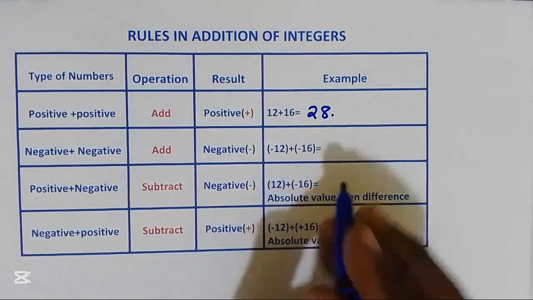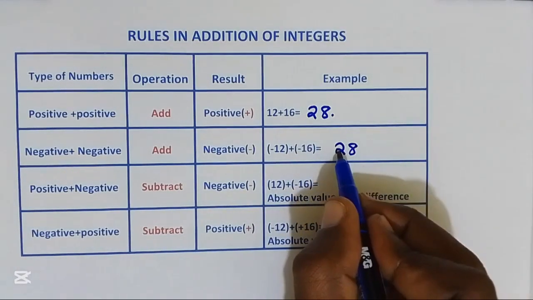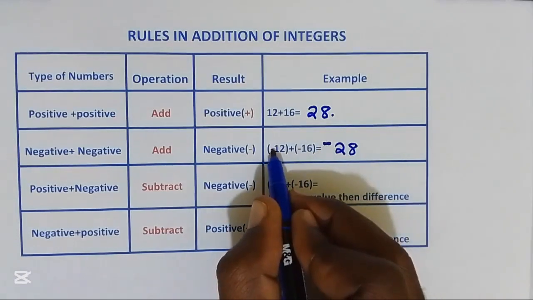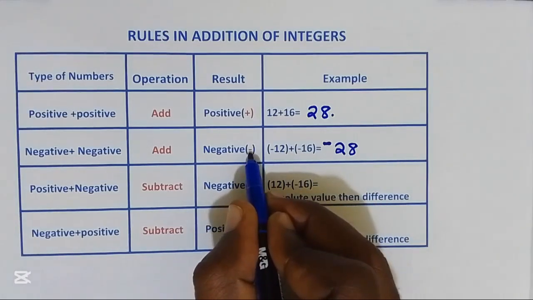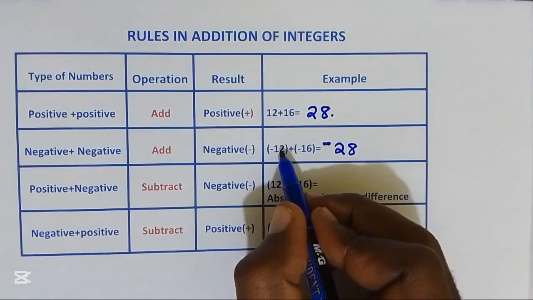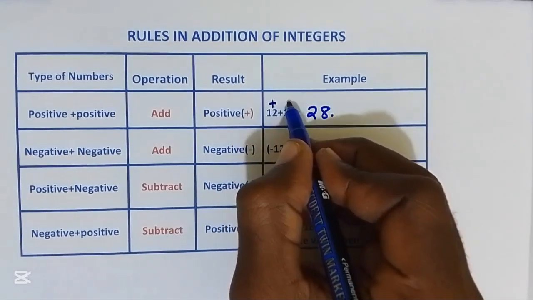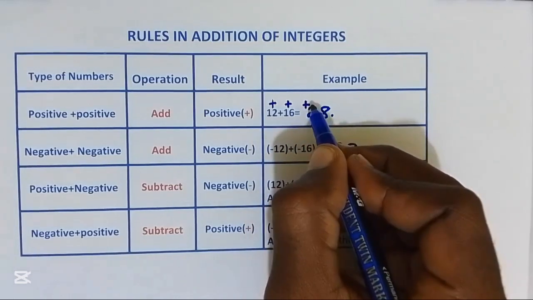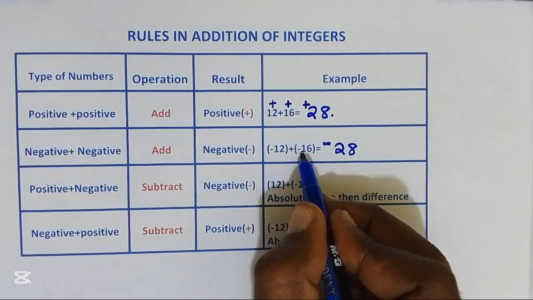We are going to get 28, but this time it is negative because the first number is negative and the second number is negative. We are going to get the answer equal to negative. So what we can conclude here, positive plus positive, we are going to get the answer positive, and negative plus negative, we are going to get the answer negative.